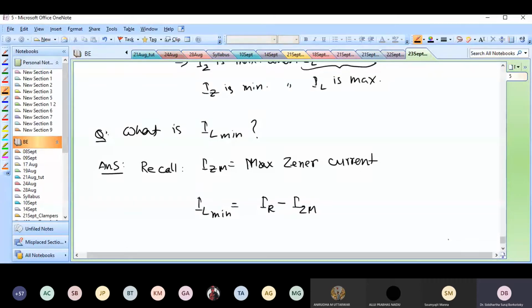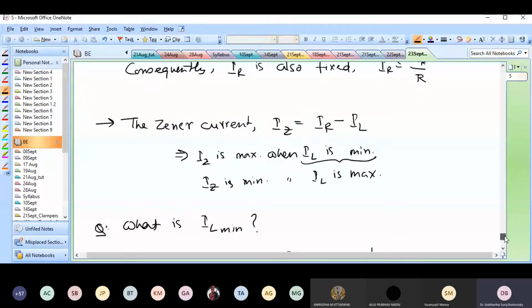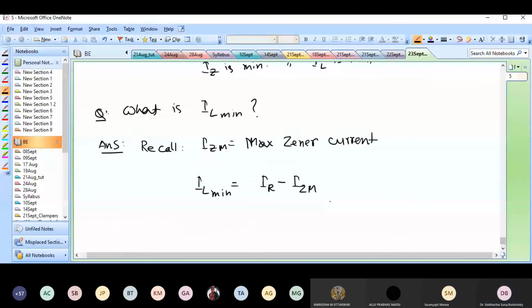Based on the Zener diode I have, that diode will have some maximum current rating, and IR minus that maximum current would be IL minimum. The maximum Zener current will not be exceeded because the diode does not support more than that.